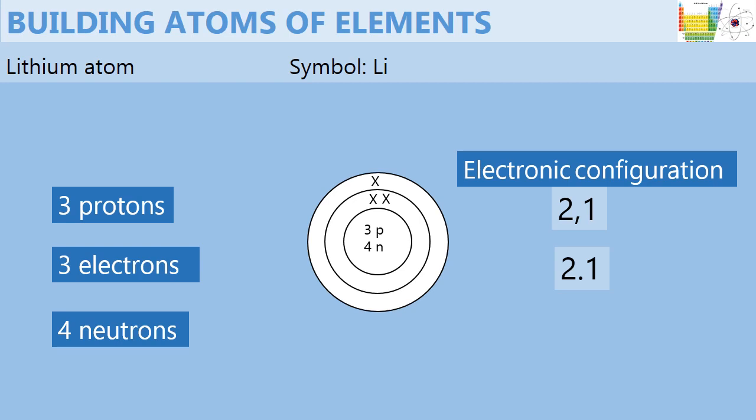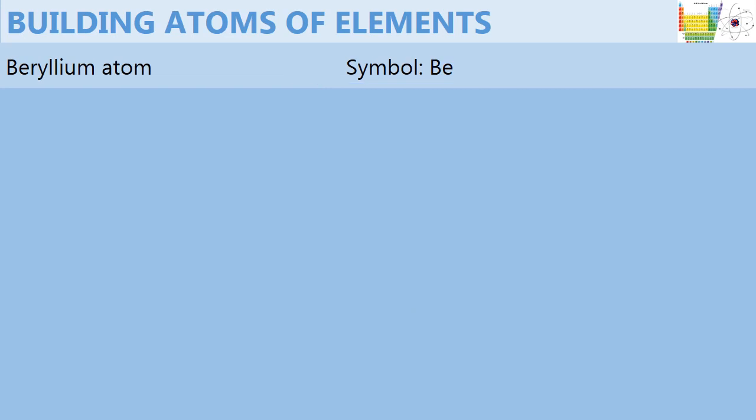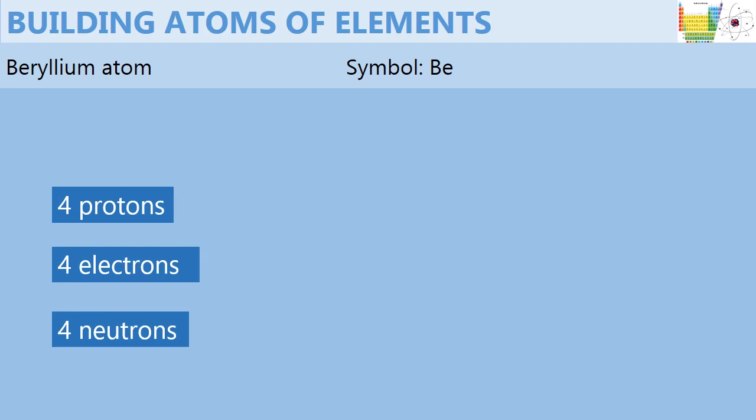The next element of the periodic table is the beryllium atom. It contains the following subatomic particles: 4 protons, 4 electrons, and 4 neutrons. And it is represented by the following diagram.